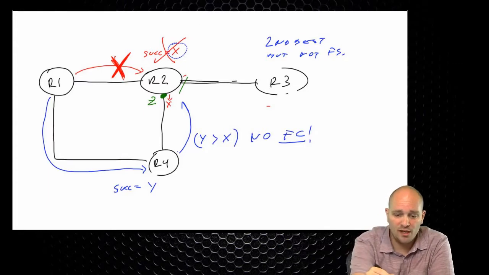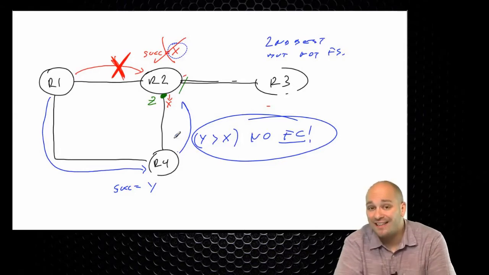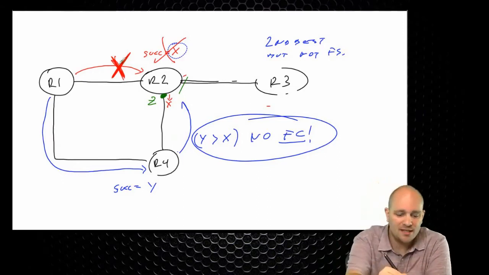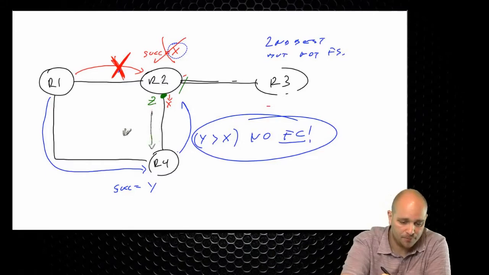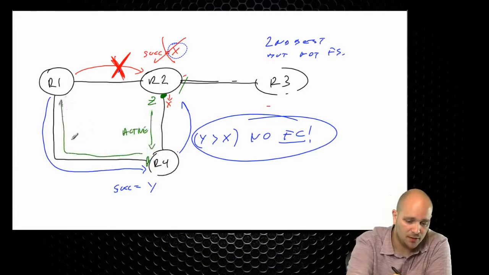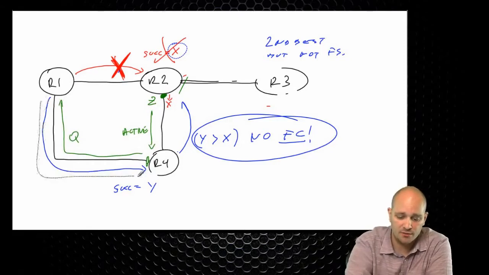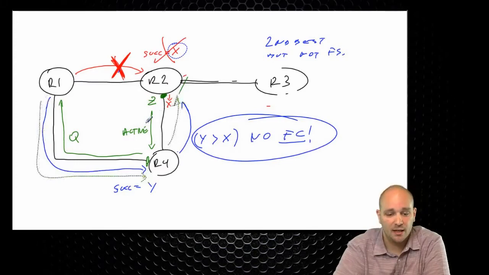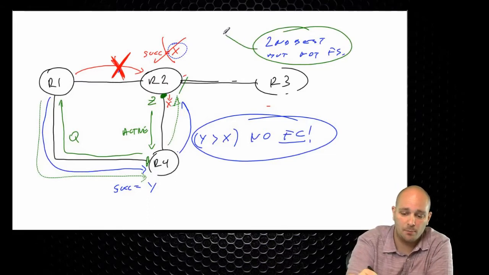R2 has only this information to go on, and it has determined that it cannot guarantee that this is a loop-free route. It might or might not be, but it cannot guarantee. So when this route disappears from the routing table, R2 is going to go active on the route. R4 is going to send this information to R1, and R1 is going to say, yeah, this is a valid route, you can still use it. It sends back information to R4, and R4 sends back information to R2 telling it, hey, yeah, this route is valid. So what happens at this point? The second best route becomes a successor.